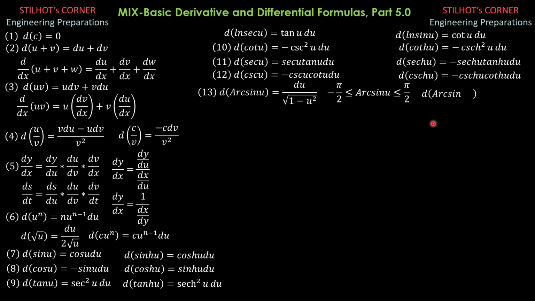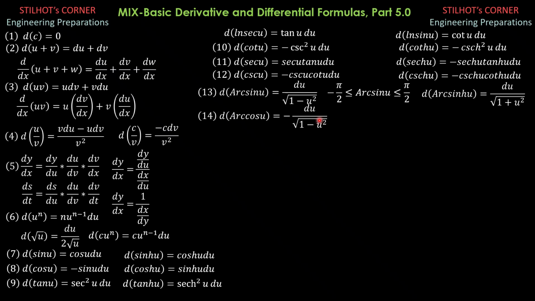While the differential of arc sine hyperbolic of u is du over square root of 1 plus u squared. Then differential of arc cosine of u is just the negative of that. That's the way to memorize the derivative of inverse cosine of u. If you can memorize the derivative of arc sine of u, then you just make it negative.